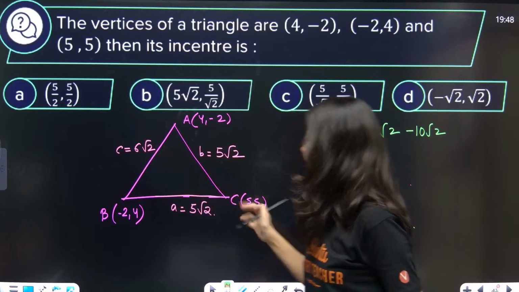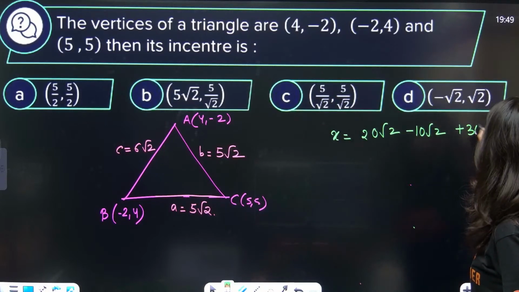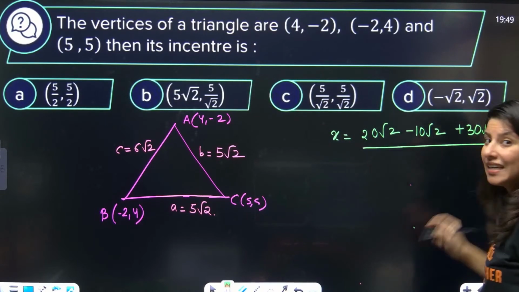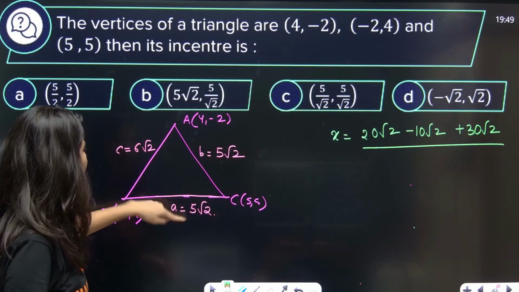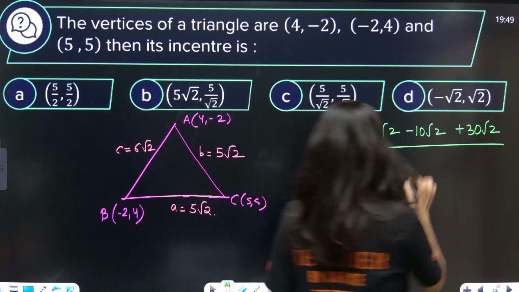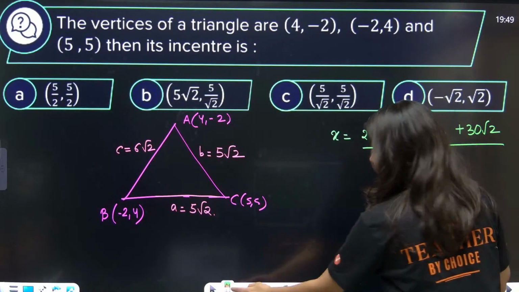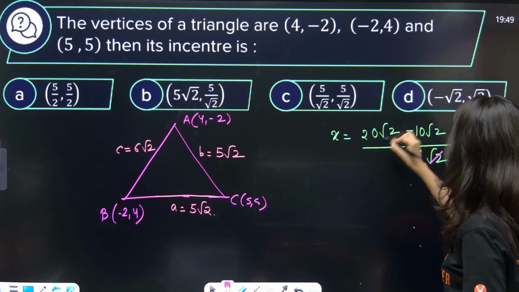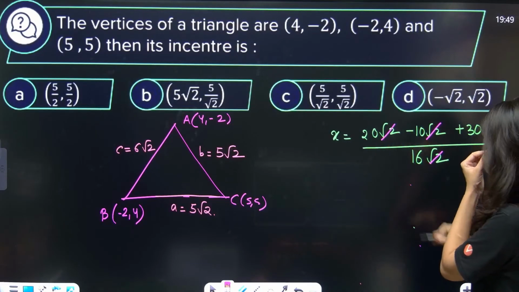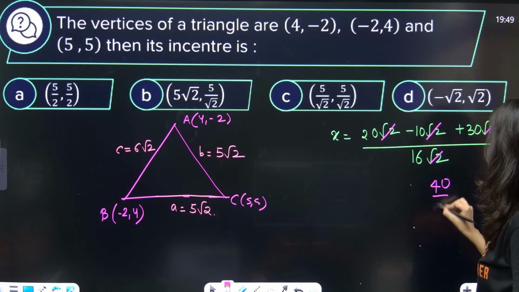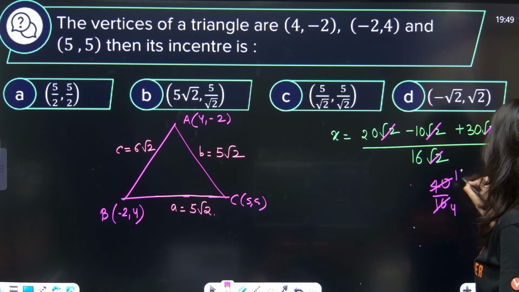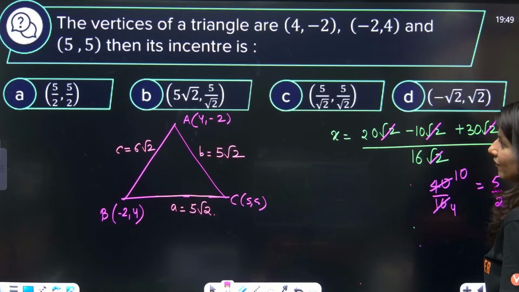And 6 into 5 is plus 30 root 2, whole upon a plus b plus c. A plus b plus c is 5 plus 5, 10, plus 6 is 16 root 2. Now you can cancel it out quickly. Root 2 cancels. 20 minus 10 is 10, 10 plus 30 is 40 by 16. 4 fours are 16, 4 ones are 4, so it is 5 by 2. Everybody, 5 by 2.